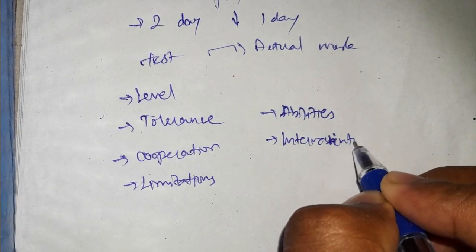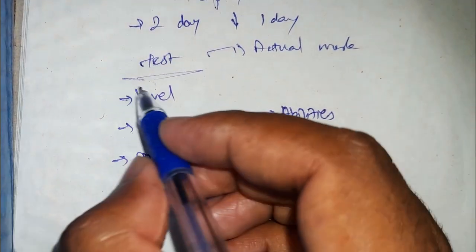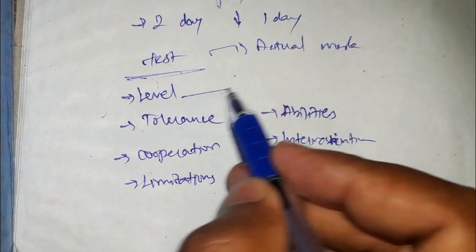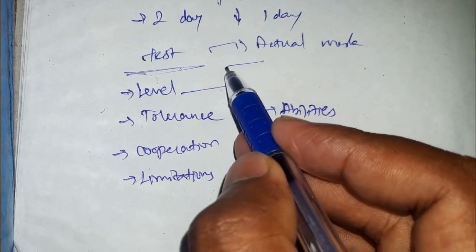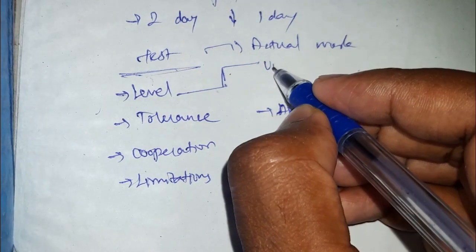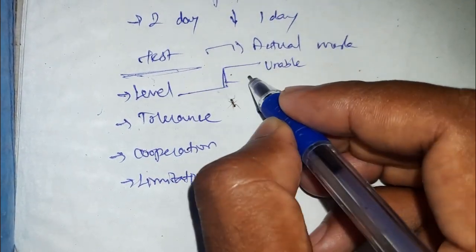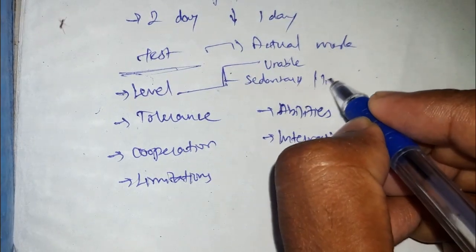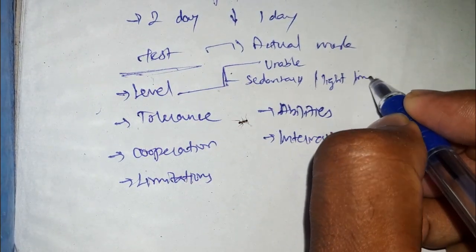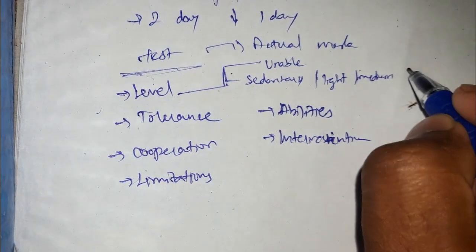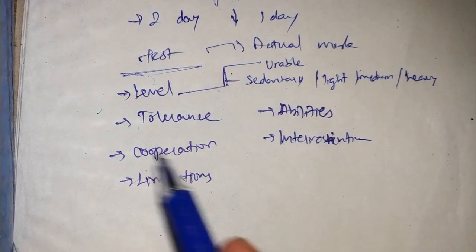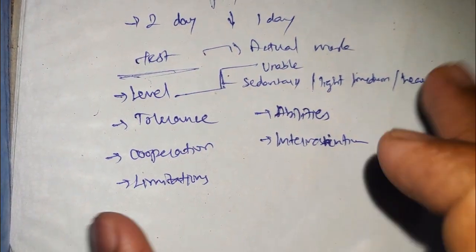These are all concluded in this FCE. For the overall level of work we can say unable to work, able to perform sedentary work, light work, medium work, or heavy work. These are the levels we can give.